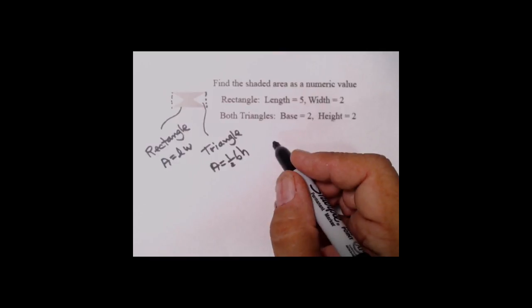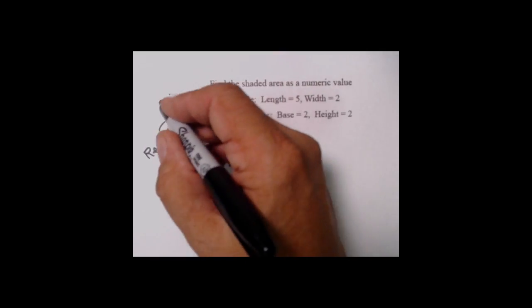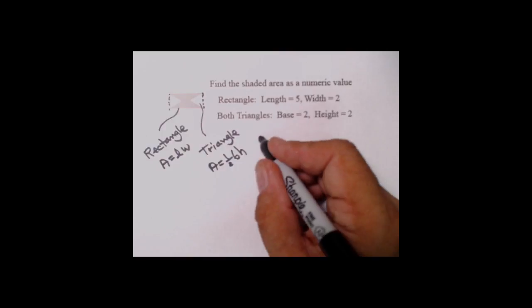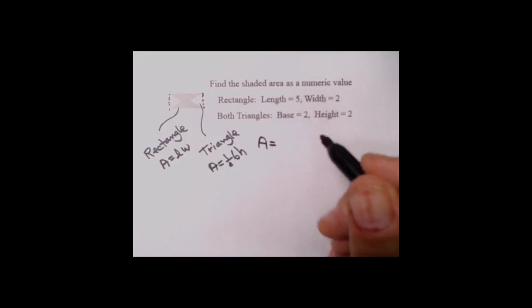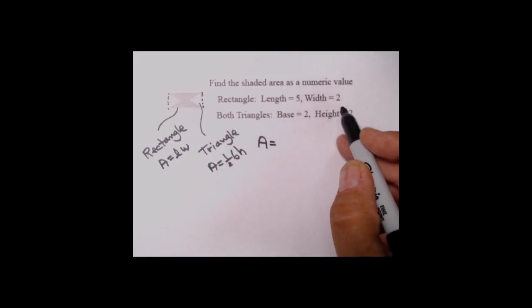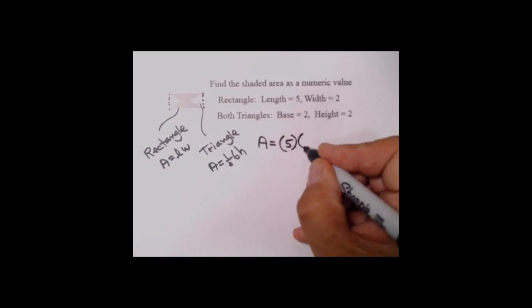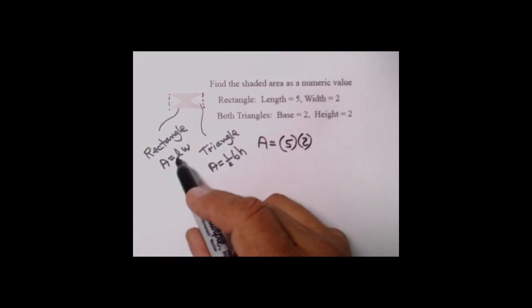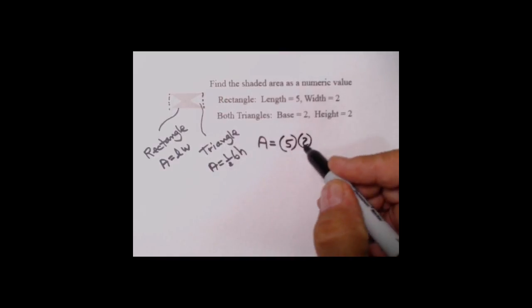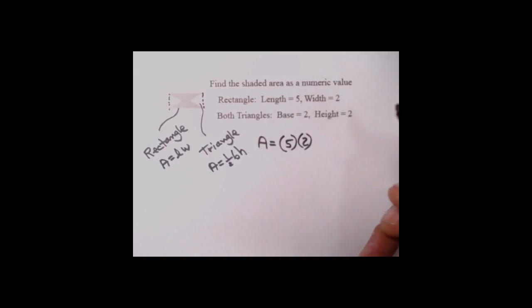Well, okay, let's put the formulation together on this. The original area, if we had not cut out the triangles, would equal length times width, and they tell us to use 5 for the length and 2 for the width. So it's going to be 5 times 2. That's just substituting for length and width here. And that would be the area of the original rectangle.